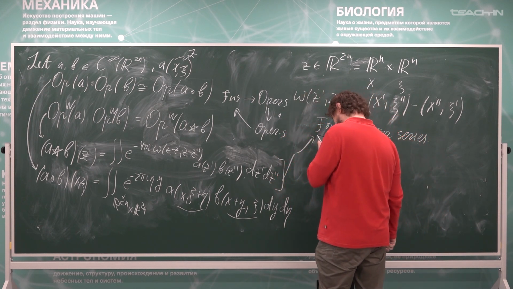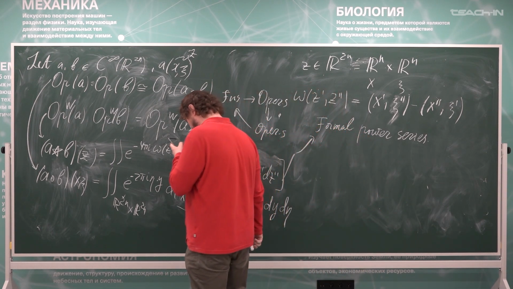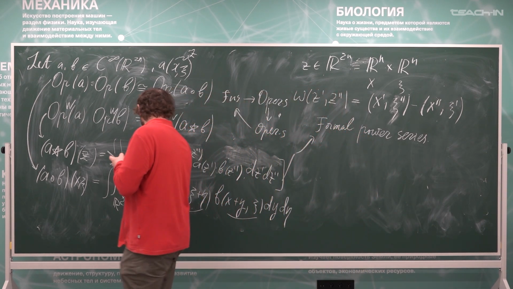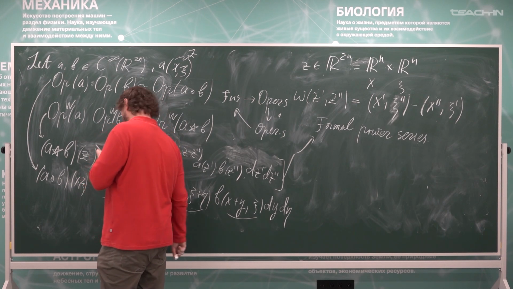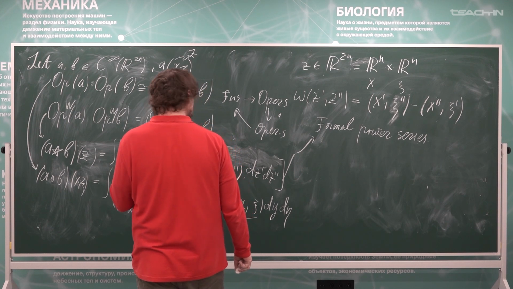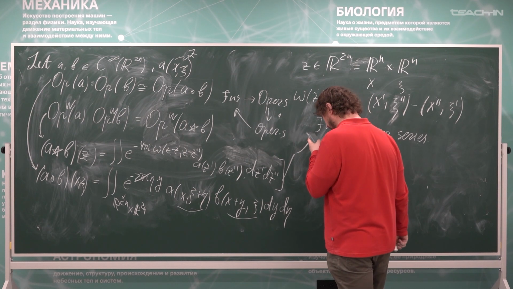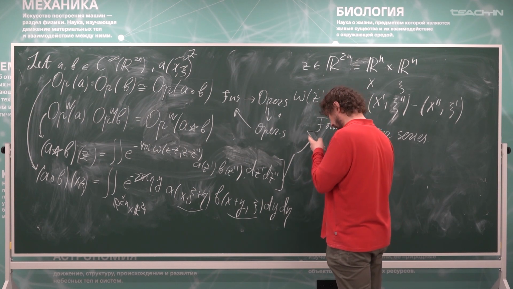So to this end, I'll first eliminate 2 pi i and restore h bar in this notation. So I'll use the following formula.